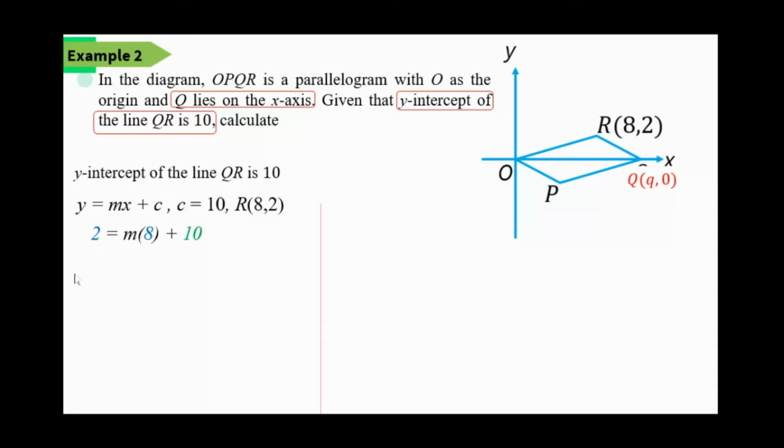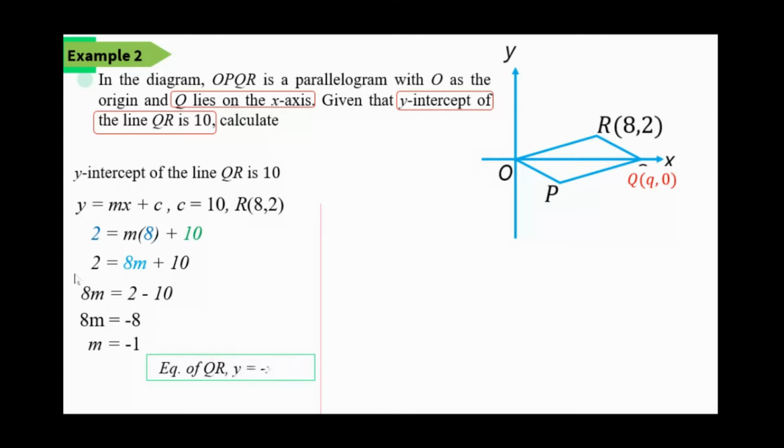After that, we can get 8m equal to negative 8. So m equal to negative 1. Okay, from here, we can get the equation of QR: y equal negative x plus 10. Remember, label the equation into the diagram.